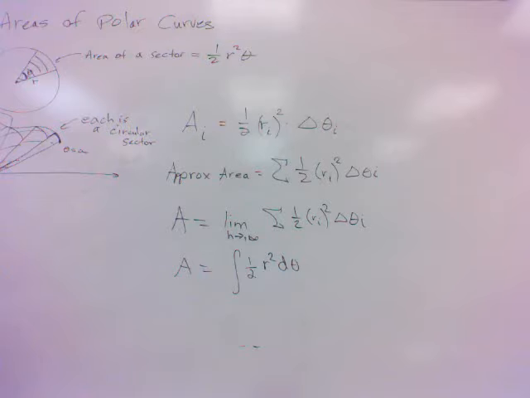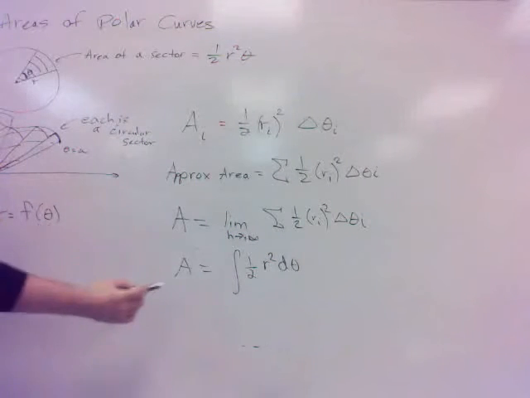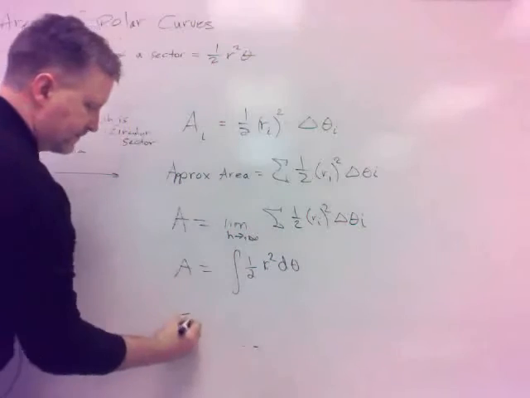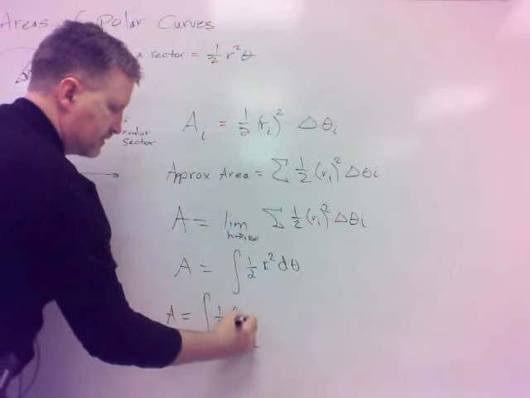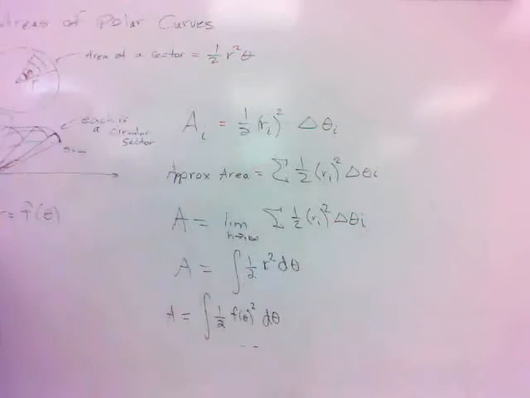Now, again, we're usually talking about r equals f of theta. That's usually the way we want these polar equations to come. So this is just going to be whatever the function is. You plug in your f of theta, whatever it is, square it, and then do the integral of it.